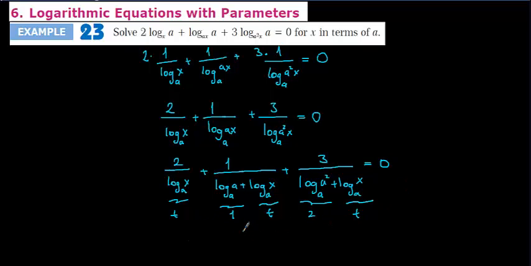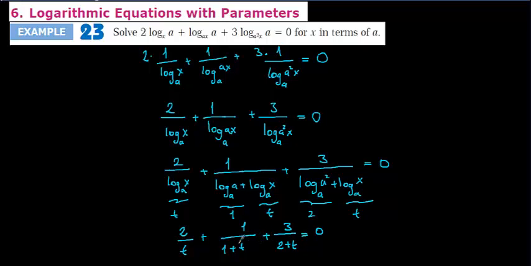So the equation becomes again the same: 2 over t plus 1 over 1 plus t plus 3 over 2 plus t is going to be equal to 0.